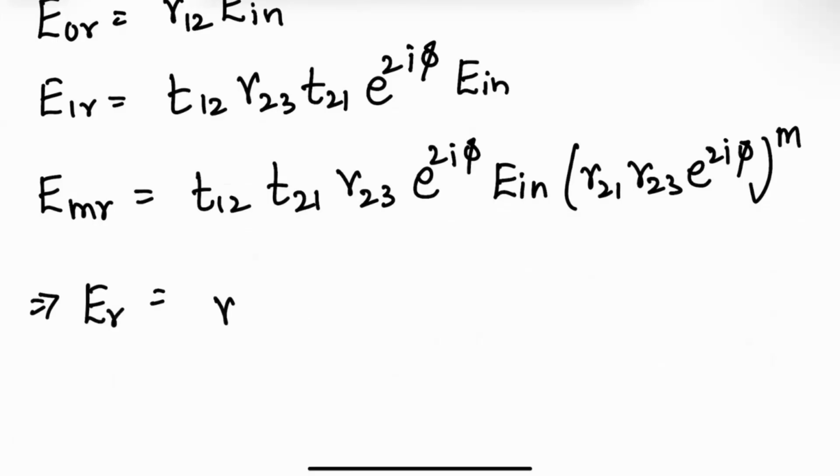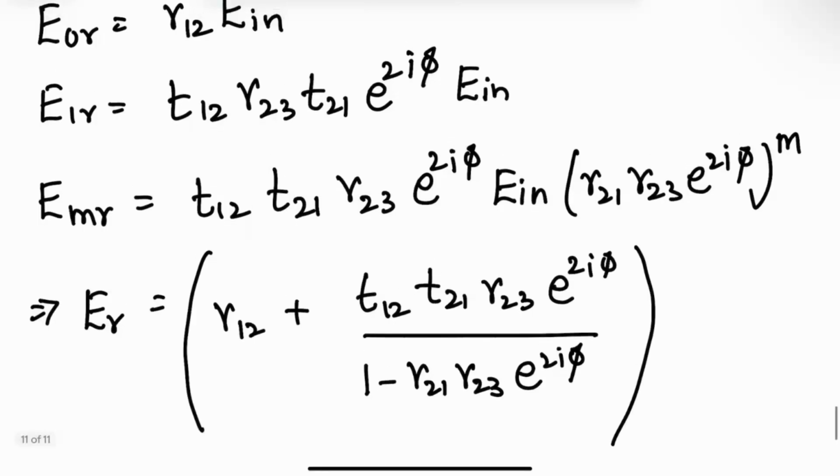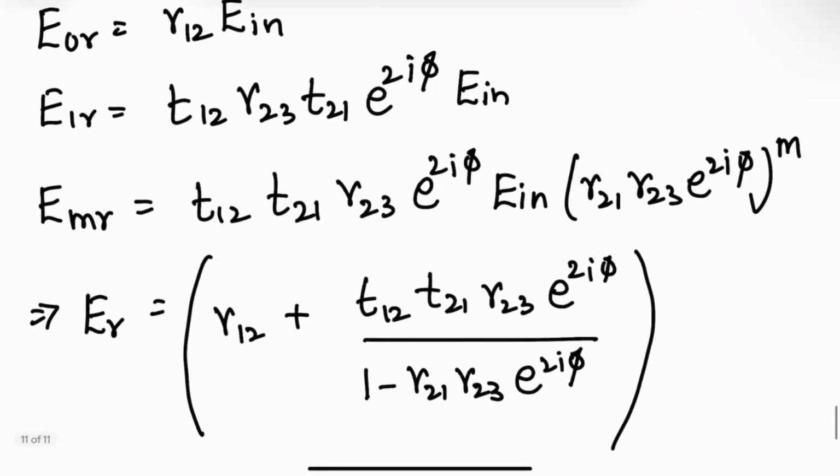That gives me a final result of R12 plus T12 T21 R23 e^{2i phi} over 1 minus R21 R23 e^{2i phi}, the whole thing times E incident.